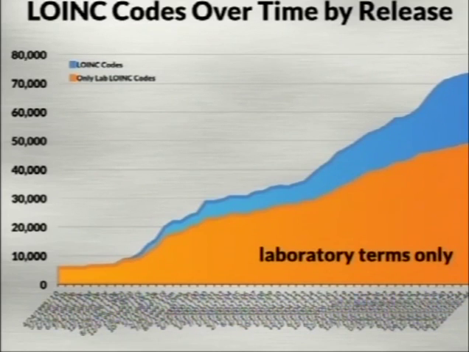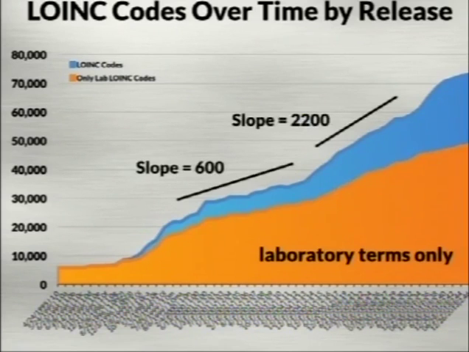The blue is the total number of codes, and the orange represents the proportion of the LOINC content that's laboratory content. It's roughly split into two thirds, one third. So two thirds of it are laboratory observations, one third of it is clinical content. But you'll notice, our work isn't really slowing down. And this year is actually the 20th anniversary of LOINC getting going.